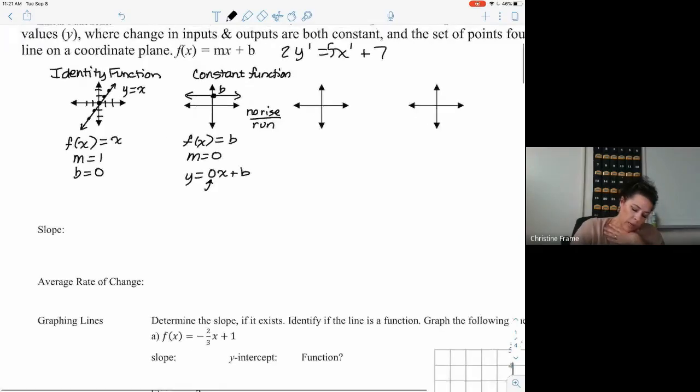Now this next one is not a function, but it is a line. So we're going to do a vertical line here. I'm going to put a point right there at A. Okay, this is not a function. It fails the vertical line test, so it's not a function. Okay, this is a vertical line.